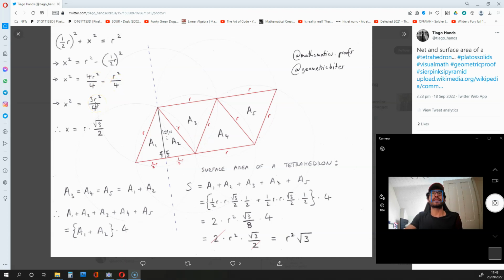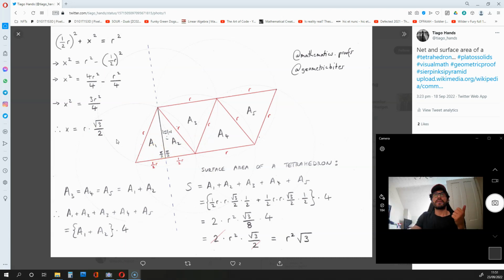This is the same as 3r squared over 4, and if we take the square root of both sides of this equation over here, we discover that x is r times root 3 over 2. Okay, we now know that the adjacent side is half r, and the opposite side is r times root 3 over 2. From here, we can get the area of A1, the area of A2, and the entire area of this net.